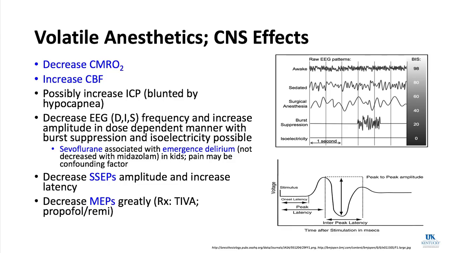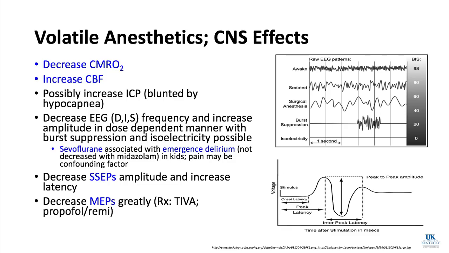Now, if you were just doing SSEPs without MEPs, you can use less than 1 MAC of a volatile anesthetic. We paralyze the patient with a neuromuscular blocking agent to reduce the background muscle noise, and we can monitor SSEPs quite effectively.